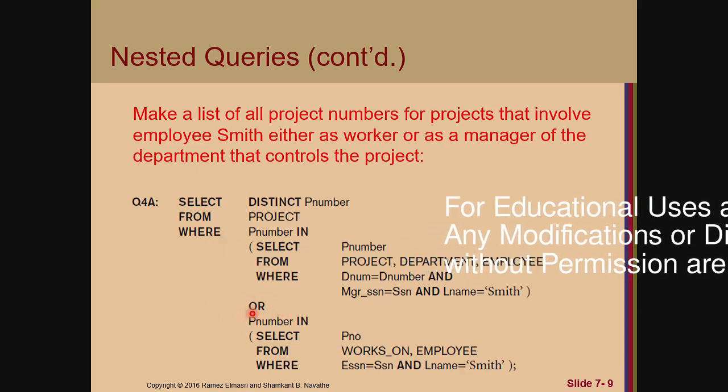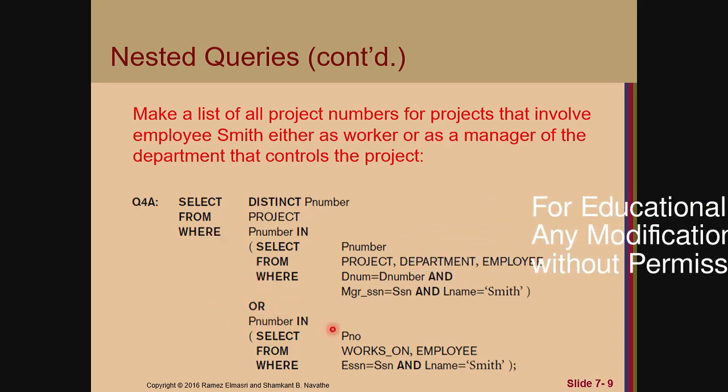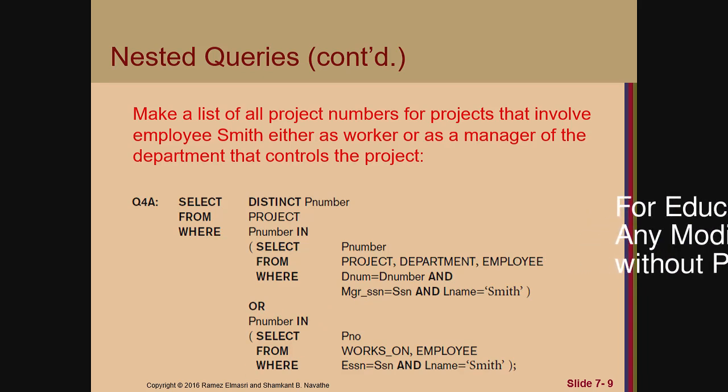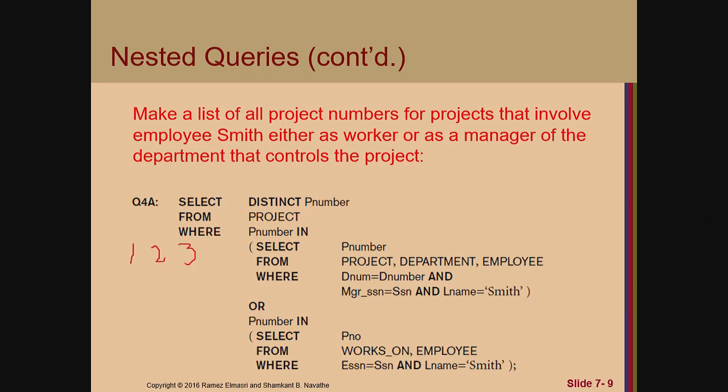Here we use the OR operation. If the first subquery gives projects 1, 2, 3, and the second one gives 1, 2, 3, 4, and we use OR, then the result becomes 1, 2, 3 and 1, 2, 3, 4.